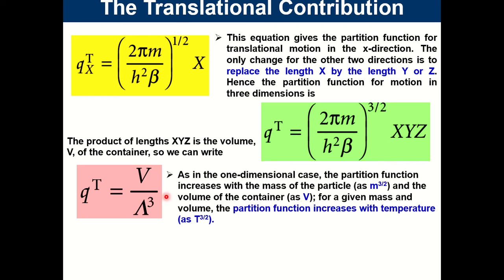Okay, so now you can correlate with the same as in the one-dimensional case. If mass increases, there will be an increase in the partition function, and if temperature increases, there will be again an increase in the partition function.